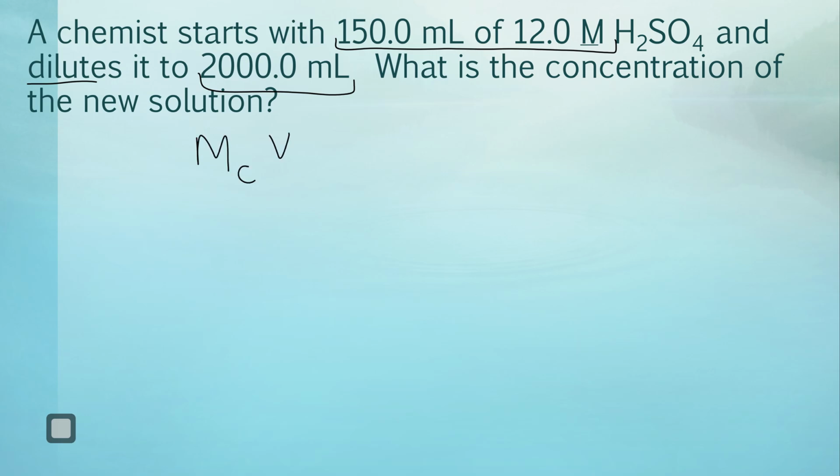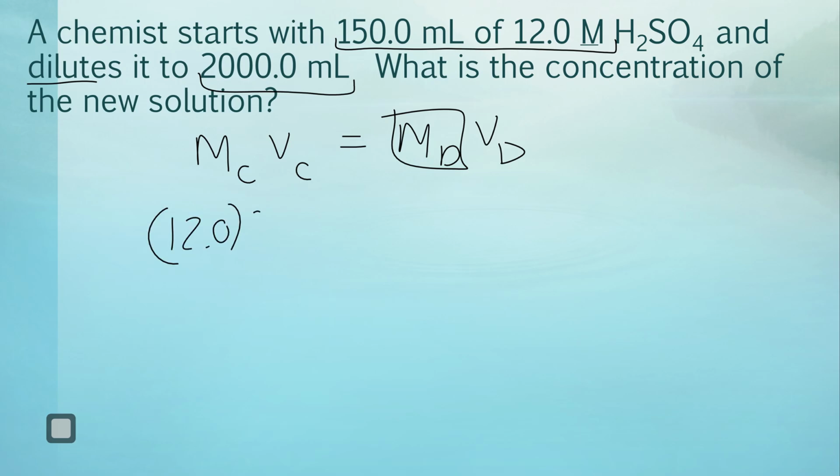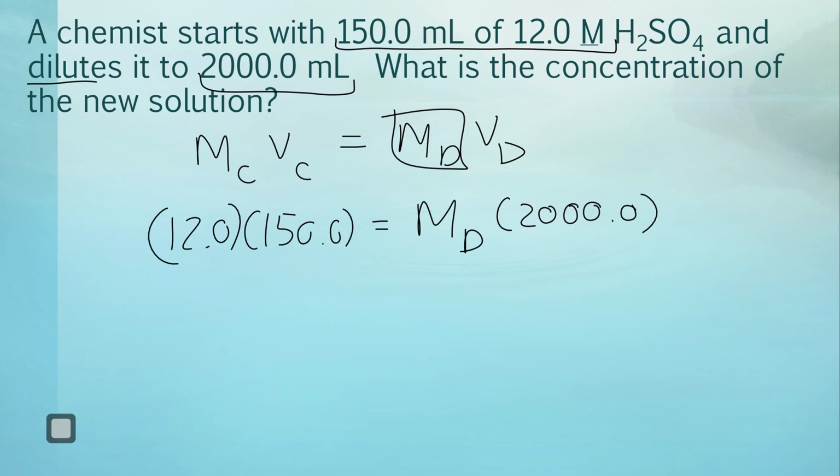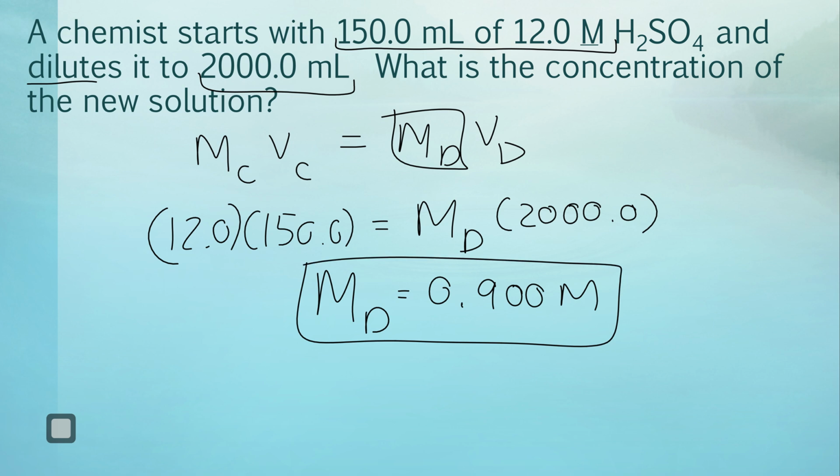So this time, finally, we're solving for something different: the molarity of the diluted solution. This would be 12.0 times 150 equals MD times 2,000. 12 times 150 divided by 2,000 comes out to a 0.900 molar solution.